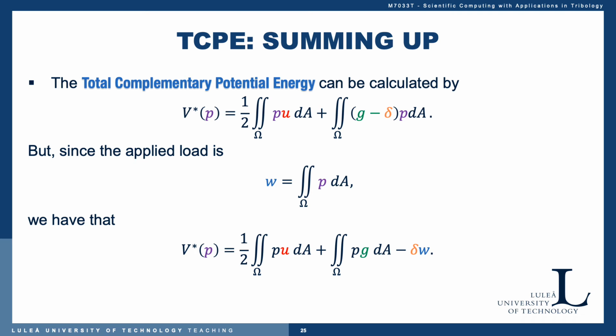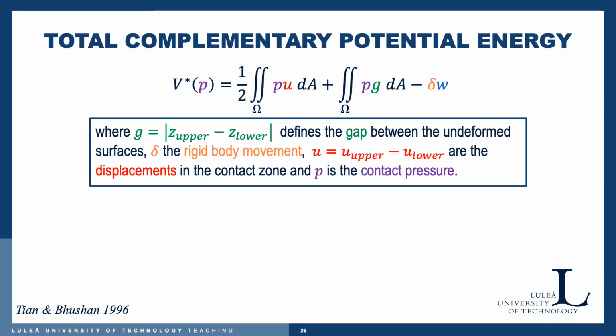Then we can restate the total complementary potential energy V star of P like this. And this will be useful in the following. So the virtual work can be computed like this, and we know that the gap between the surfaces is defined by just the upper surface minus the lower surface, and delta, colored in orange here, is the virtual rigid body movement. We have U being the deformation, the difference between the deformations of the upper minus the lower surface, and P is the contact pressure.